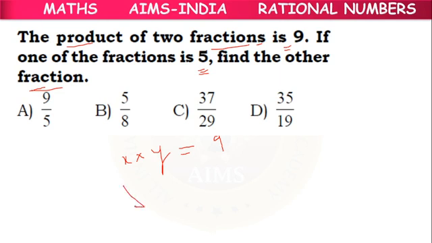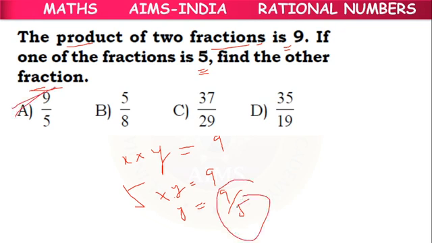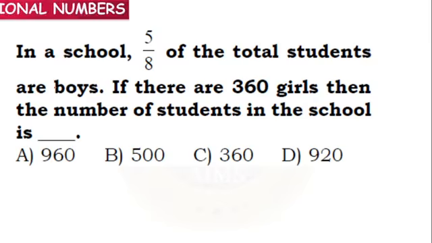If one of the fractions, let x be 5, then what about the other fraction? What is the value of y? 5 will go to that side, and it will become 9 by 5. So 9 by 5 is the correct answer. Next.